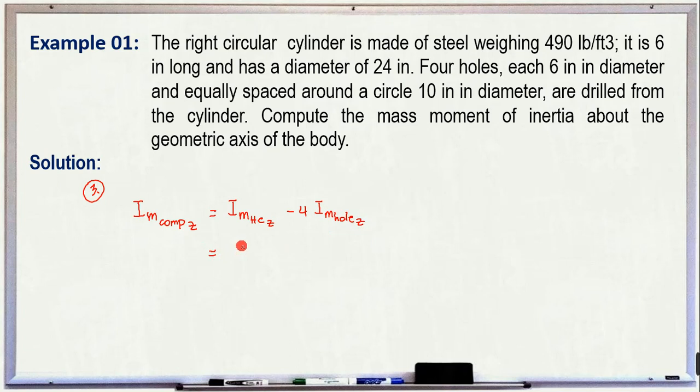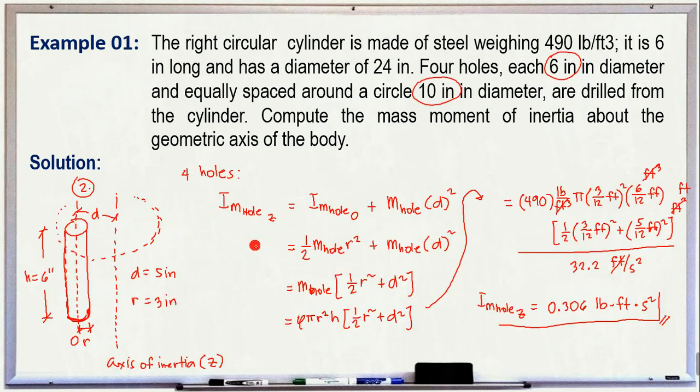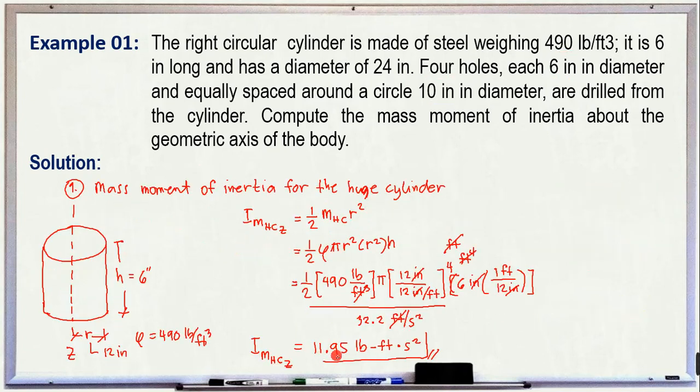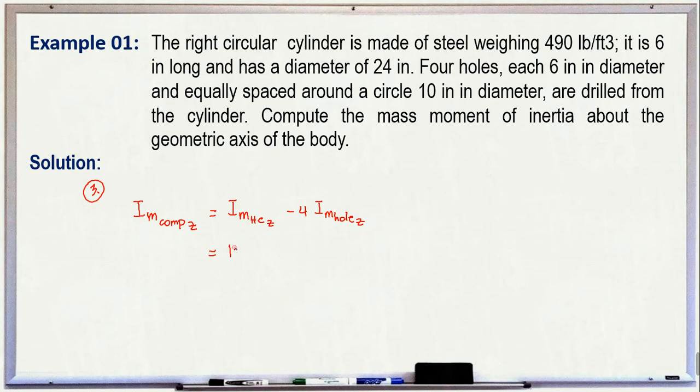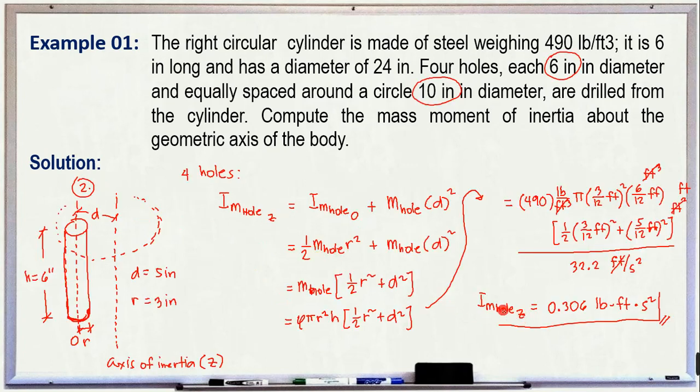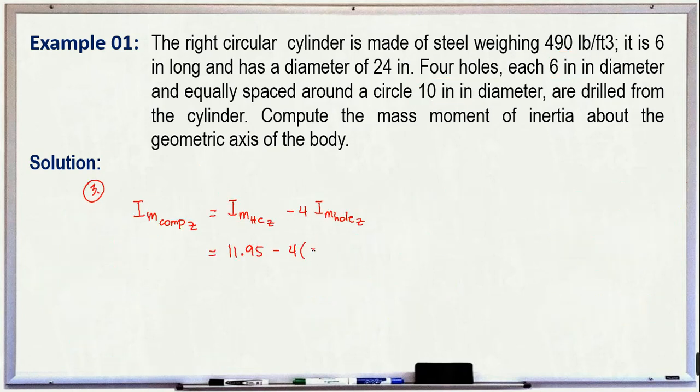For the huge cylinder, that is 11.95. So 11.95 minus 4 times the mass moment of inertia of each hole, which is 0.306.